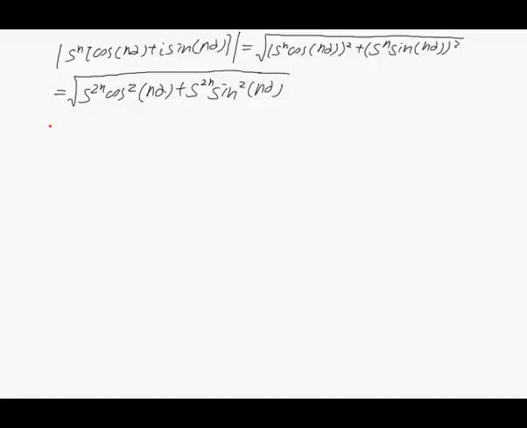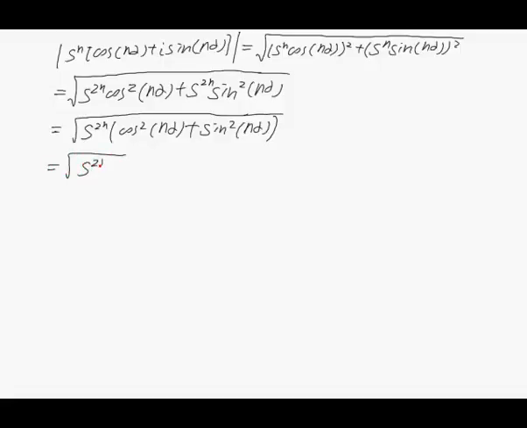Now you factor out this s to the 2n, you have s to the 2n times cosine squared of n alpha plus sine squared of n alpha. Okay. Still by the fundamental identity, this is equal to 1, so we have the square root of s to the 2n. And this is the same as s to the n, squared, and then take the square root. And we know this is equal to s to the n, because s to the n is positive.